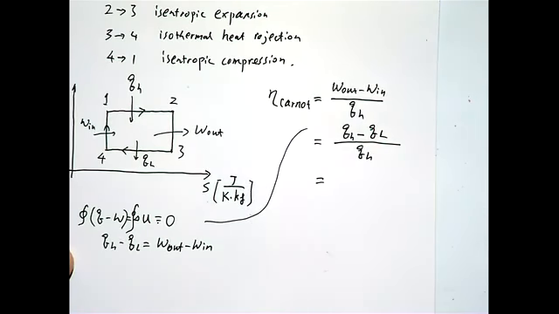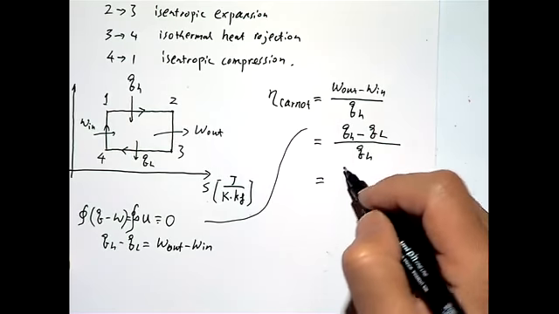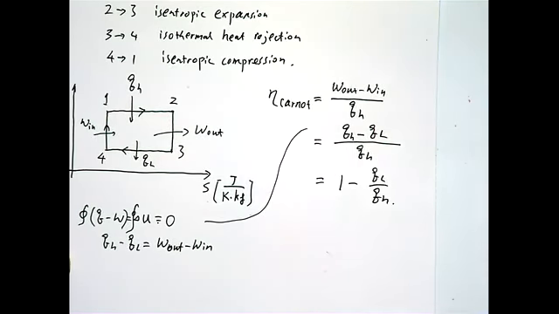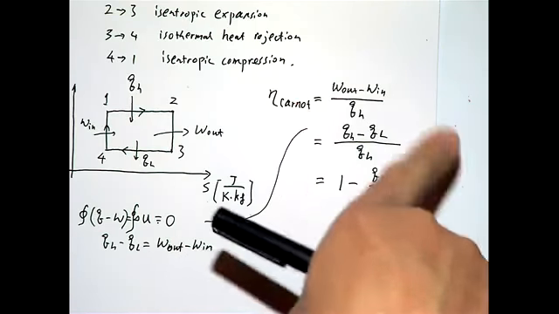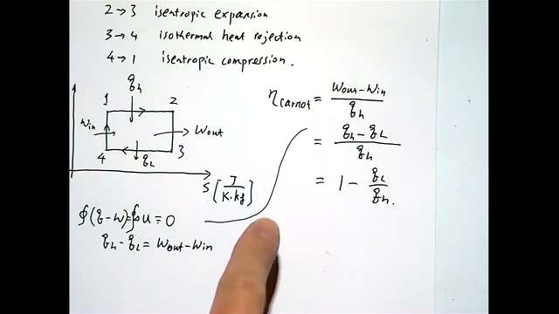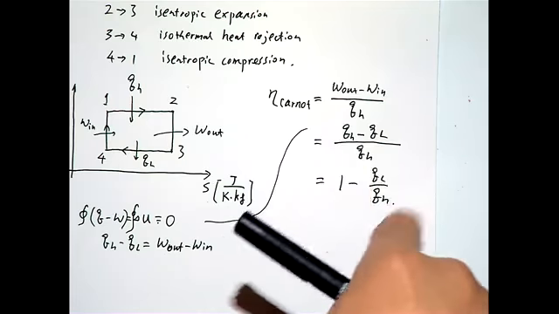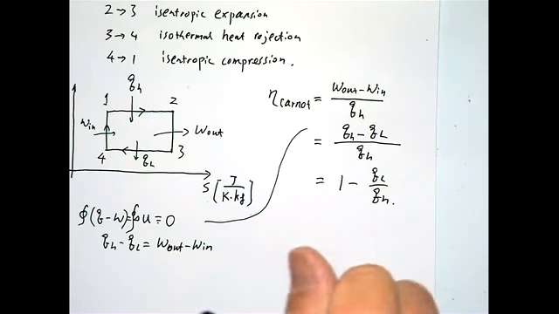And if we continue from there, we can write 1 minus QL divided by QH. So this one sets the theoretical limit for a heat engine. And this one is not so straightforward. We can further simplify based on this theoretical cycle.